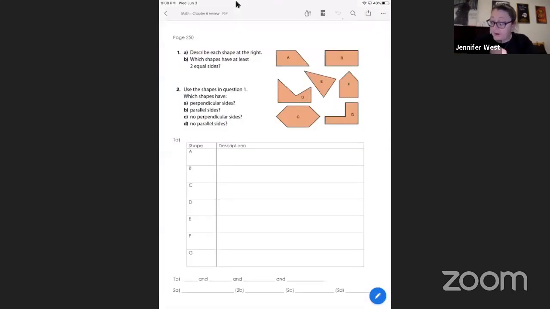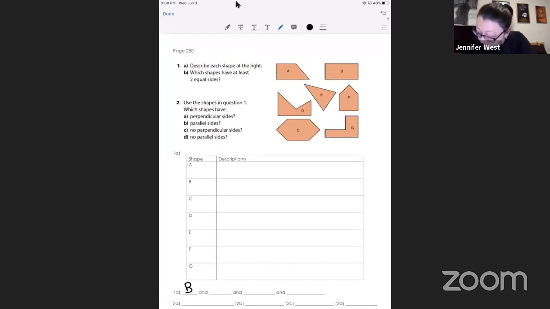Okay, describe each shape at the right. Which shapes have at least 2 equal sides? Well, let's answer question B first. Make this into drawing mode. This one has 2 equal sides. So does this one. And so does this one.